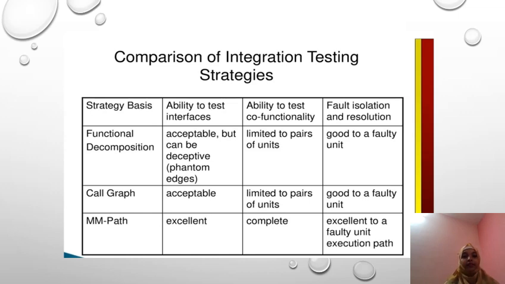The call graph is acceptable in the ability to test the interfaces and limited to pairs of units. It is good for a faulty unit. And the last but not the least is paths. It is excellent in the ability to test the interfaces, it completes the test for core functionality, and it is excellent for locating the faulty unit through execution paths.